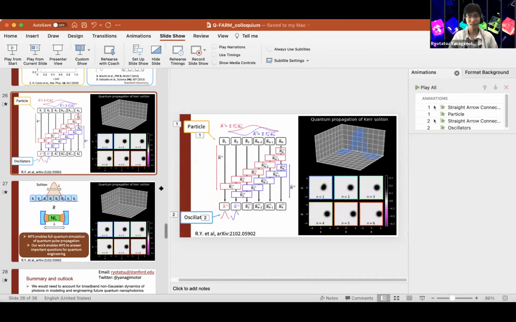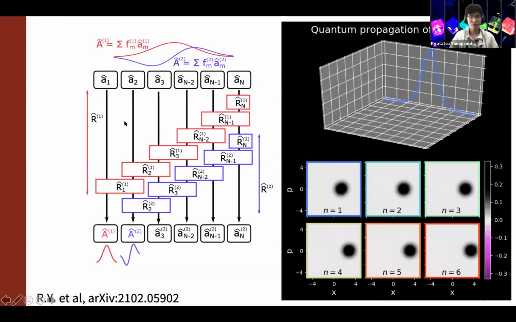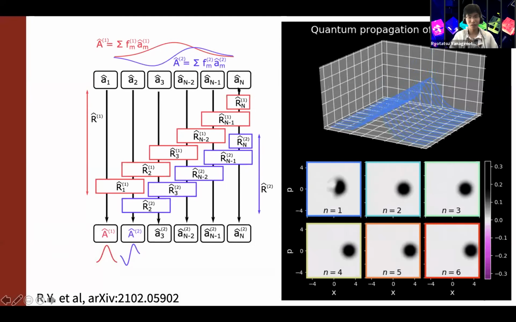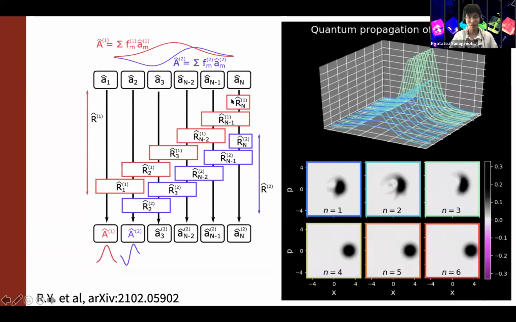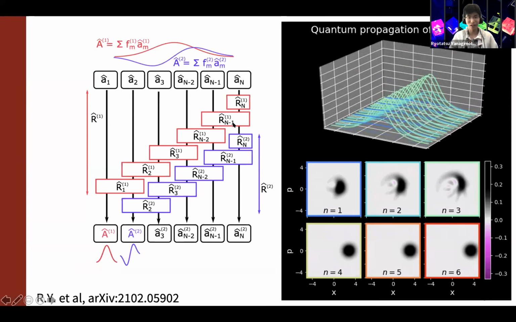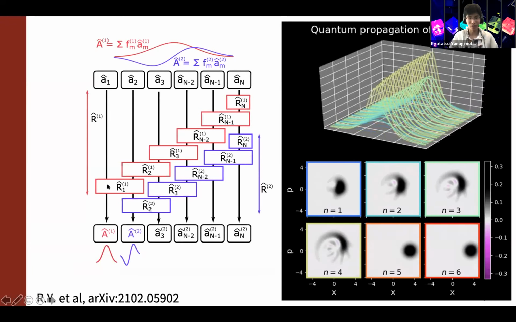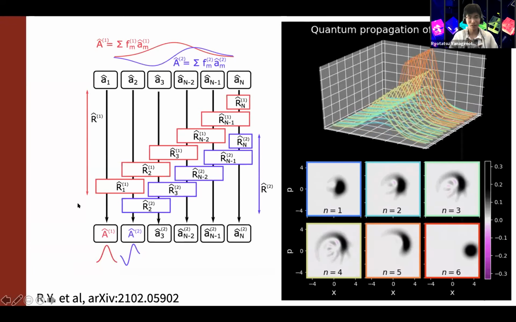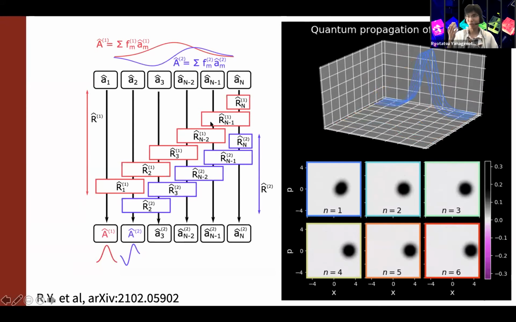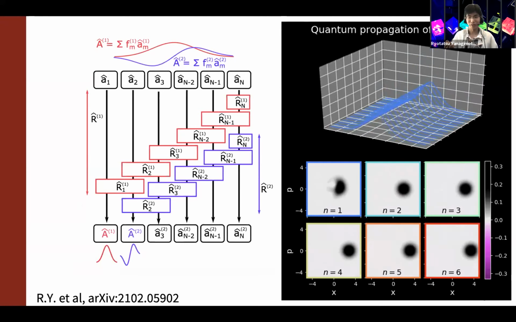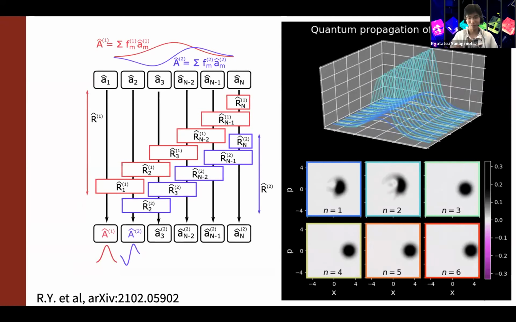Okay, I see. So I hope I understand the question correctly. If you look at the circuit here, in order to demultiplex one supermode, it has to apply one single-mode gate and n-1 two-mode gates to the system. The application of each gate has a complexity that scales cubically with the bond dimension of the MPS.